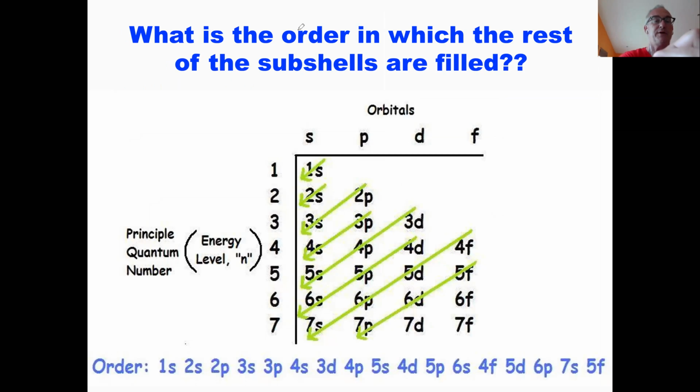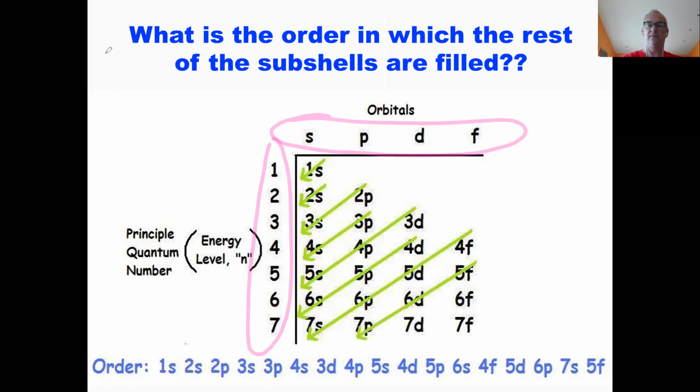So for the order that we put them in, we just make a little box, and we put our energy levels 1, 2, 3, 4, 5, 6, 7 on the left, and on the top we put our orbitals S, P, D, and F, and we just write them out.